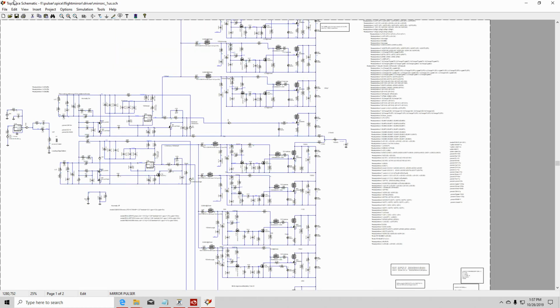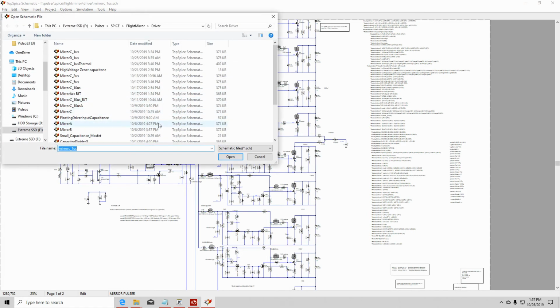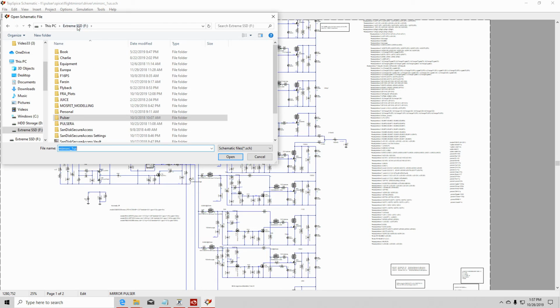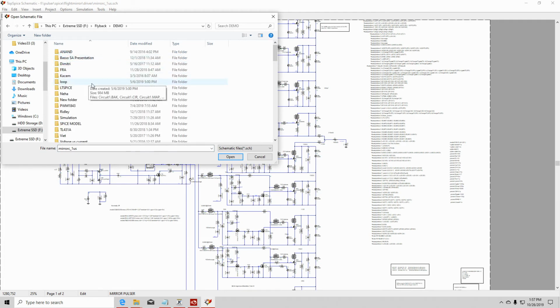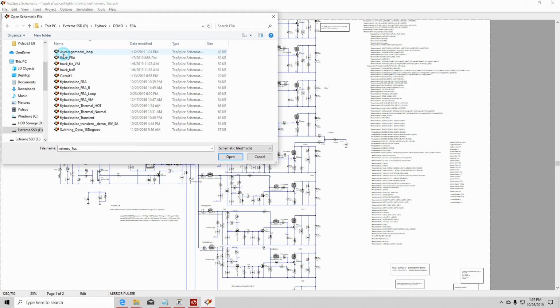Okay, this is the wrong schematic. Let's see if we can find the proper one. Oh, by the way, this is a high voltage pulser that I am presently working on. Let's see, which one was it?